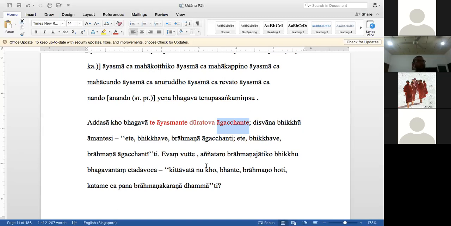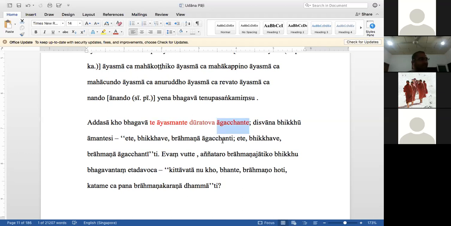But normally the translation goes the first way: the Buddha saw them from far away, before they came close to him. So normally we say he saw the venerables who were coming from far away. This is how we translate.